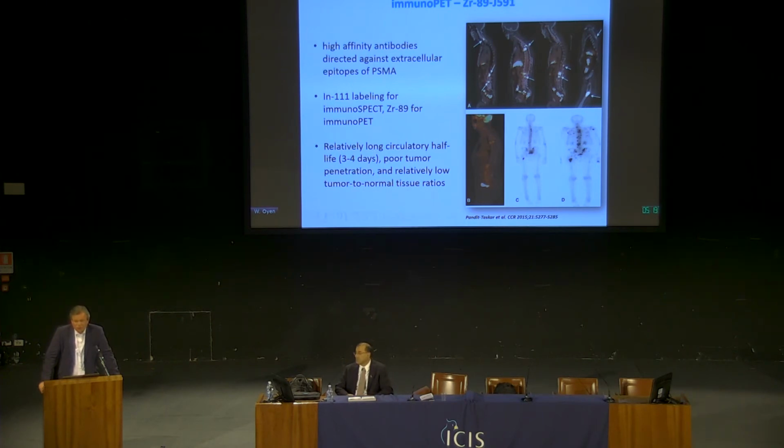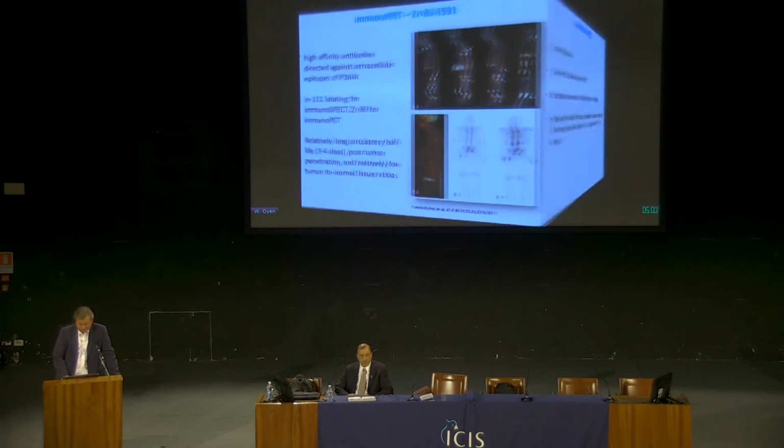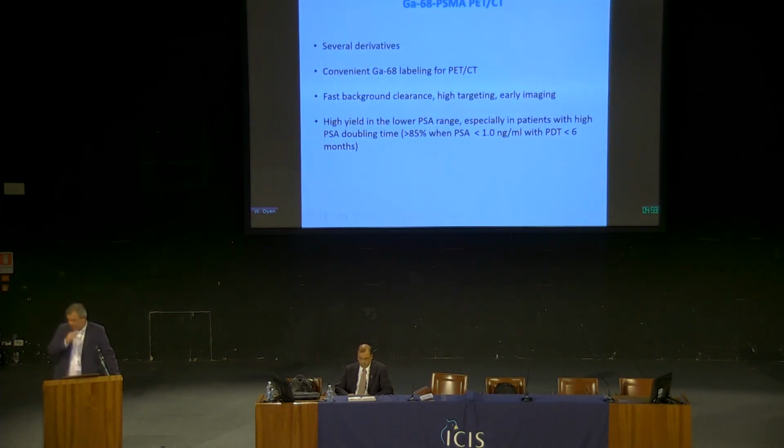You have to use radionuclides that are not readily available and relatively expensive. So the antibody route for prostate cancer has been explored by a few institutions, but is unlikely to progress to clinical practice. So the small molecules are clearly the winner.